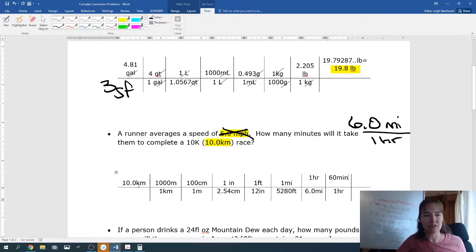So if we go through here, we can see that kilometers cancels, meters cancels, centimeters cancels. These units are going to cancel out because we put the unit on the bottom.